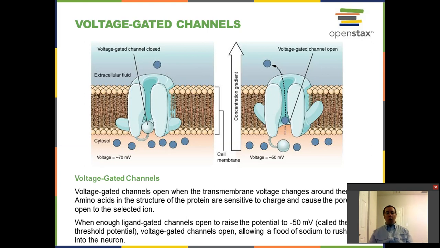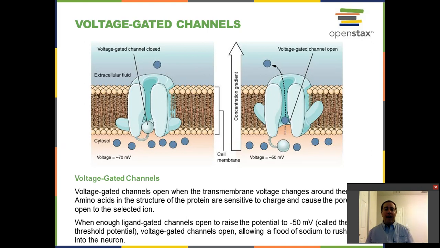And we have a whole bunch of voltage-gated channels. There's a lot more voltage-gated channels than ligand-gated channels. And so when you open the voltage-gated channels, the floodgates are open. You get massive amounts of sodium coming into that cell. Lots and lots and lots of it.